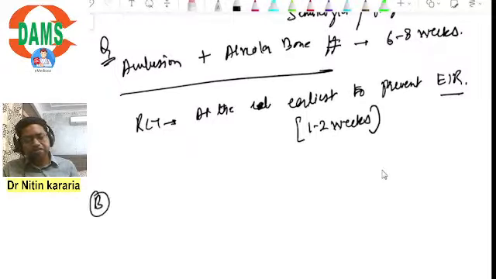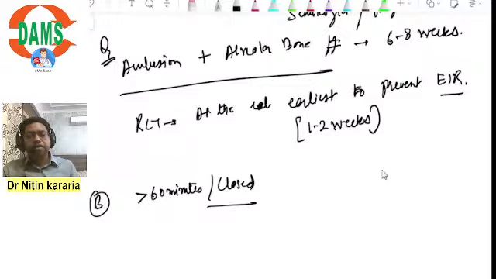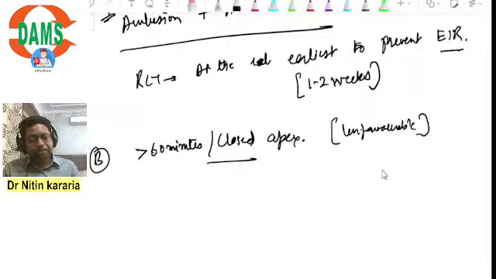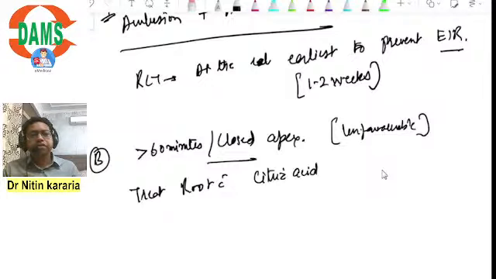Second scenario is dry time of greater than 60 minutes with a closed apex. Fully formed tooth out for more than 60 minutes, then this is an unfavorable situation. Okay, we have to treat the tooth, treat the root with citric acid 50% for 1 minute.